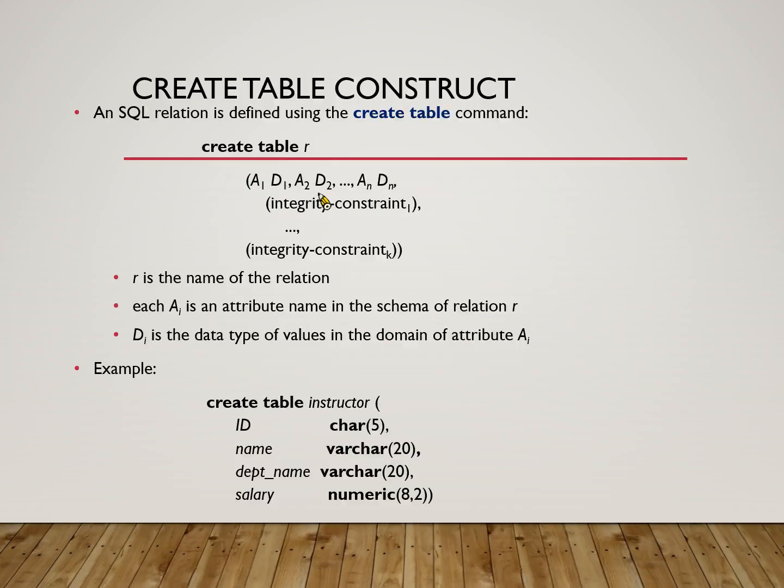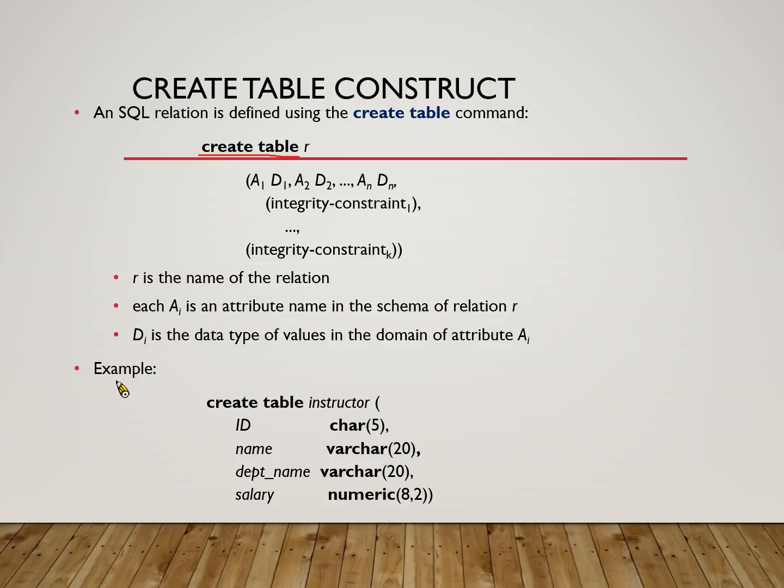So here is the create table construct. A SQL relation is defined using the create table command like this. The create table keywords are followed by the relation name. Here we have to indicate the attribute names and their domains, followed by the integrity constraints.